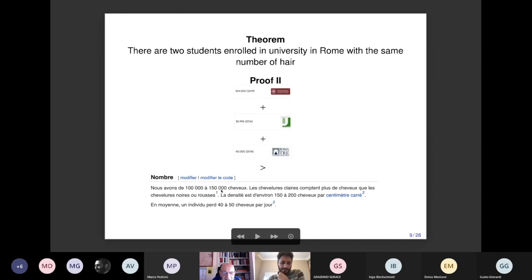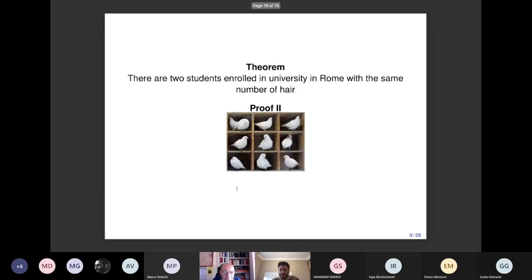And 150,000 is at least, say, according to Wikipedia in French, because I didn't find the page in Italian or in English, the maximum number of hairs that we have. So we have more students than the number of hairs, and we can apply the pigeonhole principle, which I think everybody knows. And we can conclude that there are at least two students with the same number of hairs.